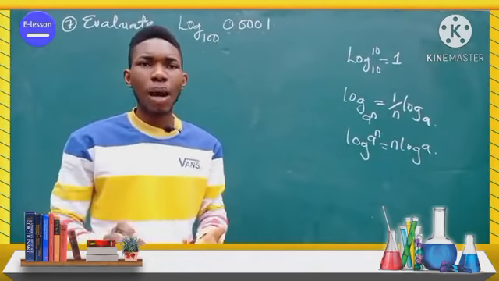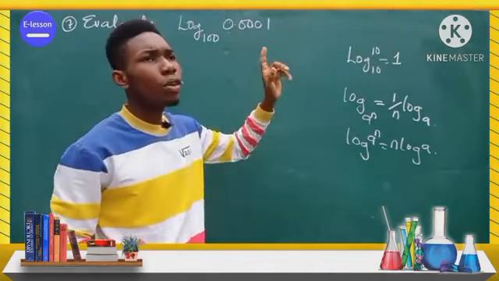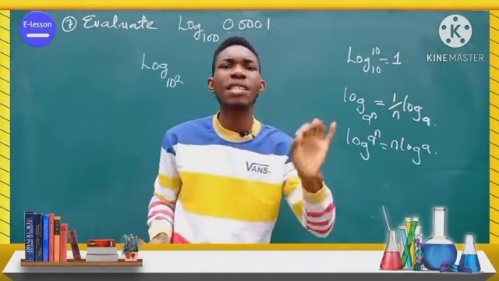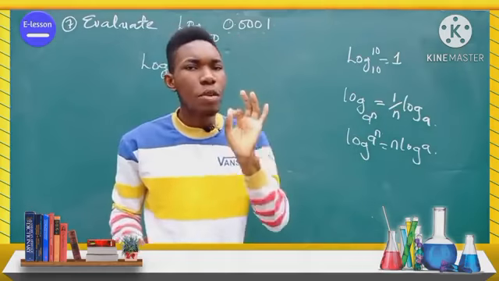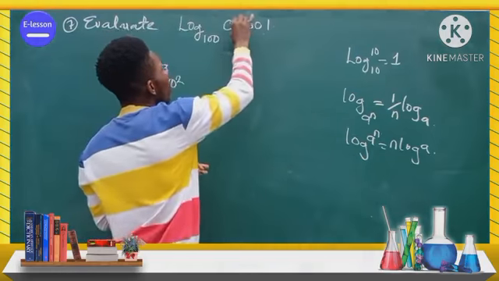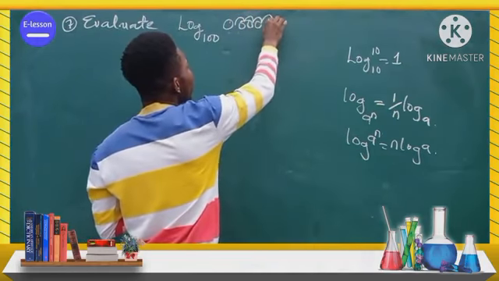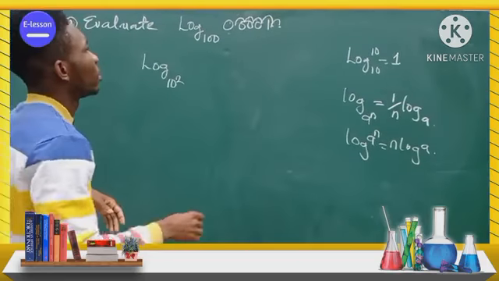Now this 0.001, we can change it to the index form. While you are changing to index form, you move backward or forward until you meet the first significant figure. So counting, this becomes 1, 2, 3, 4. The first significant figure is here.